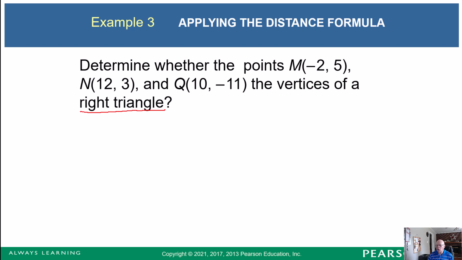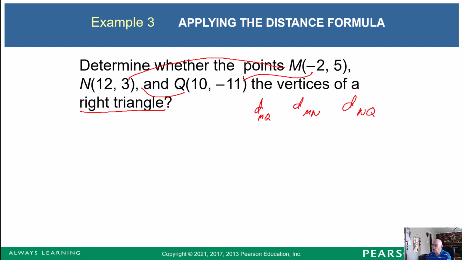If you're not sure whether you have a right triangle, you can take these three sides two at a time. So take these two, find the distance from M to Q, and take these two, the distance from M to N, and finally the distance from N to Q, or vice versa.